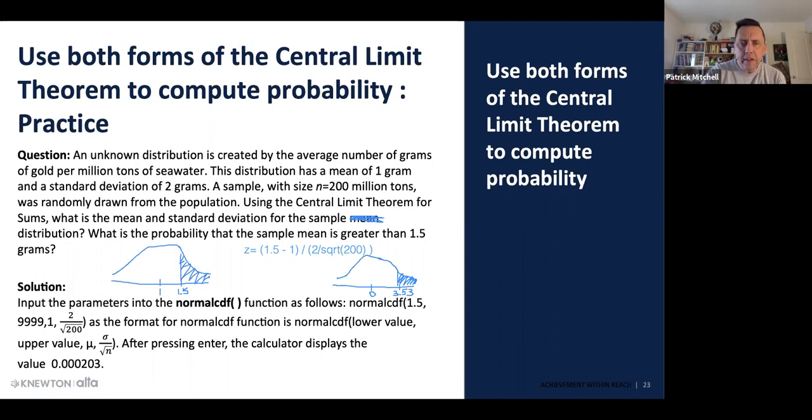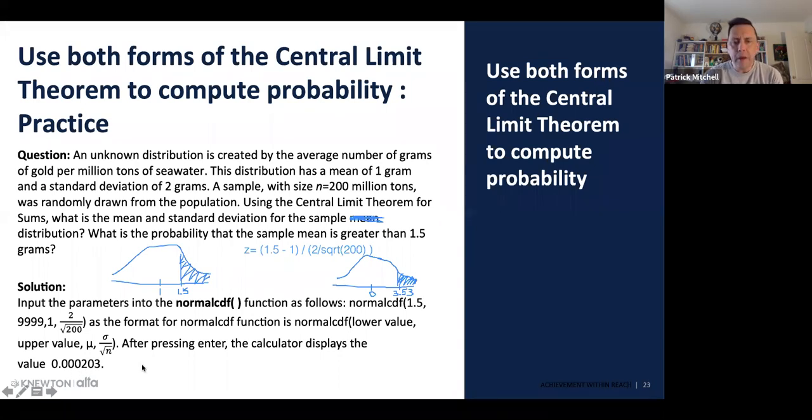When I calculated the z-score for this sample mean of 1.5, that z-score came out to 3.53. So I knew that the answer they had here couldn't be correct. And I checked it on my graphing calculator, and sure enough, I got a different answer. This looks more like the answer I would have expected.